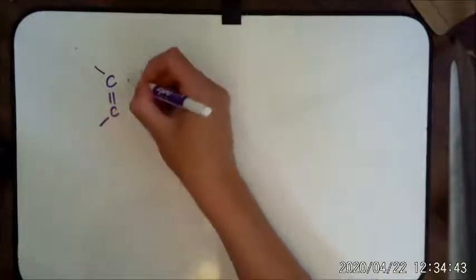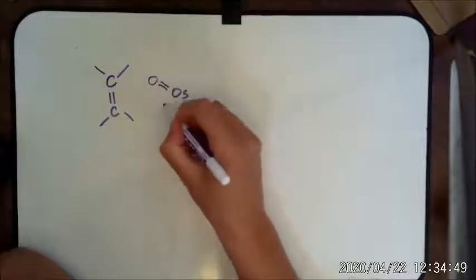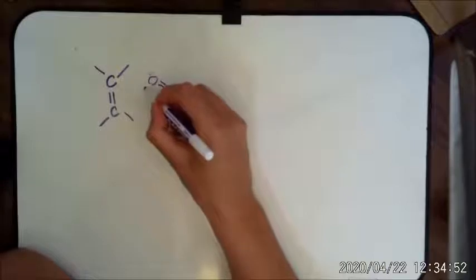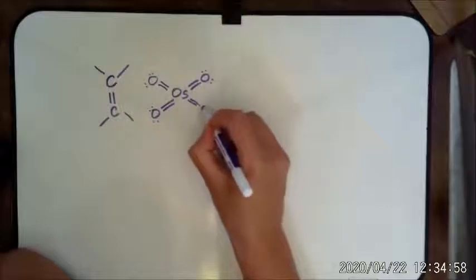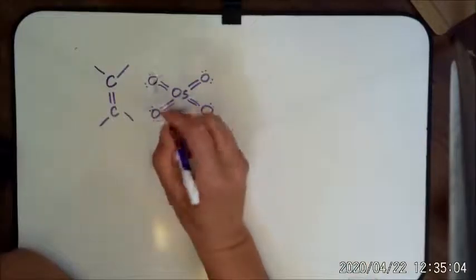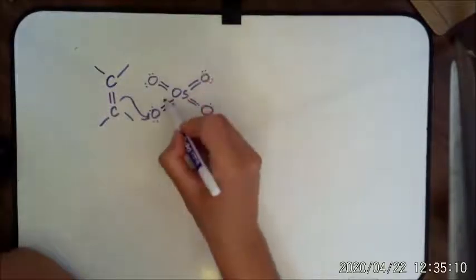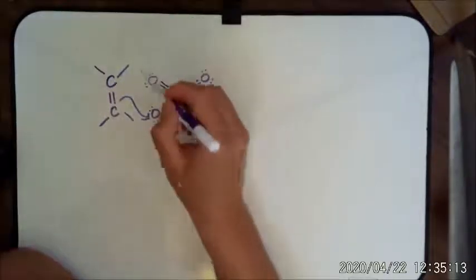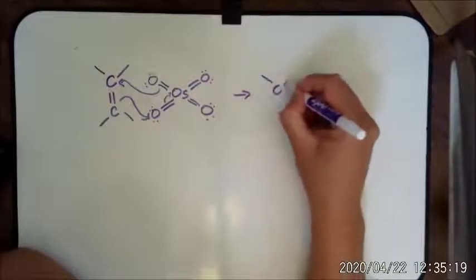So with my osmium tetroxide, what happens is basically you form, attacks the oxygen, this goes up into osmium, and that attacks the carbon. So this is my osmium.